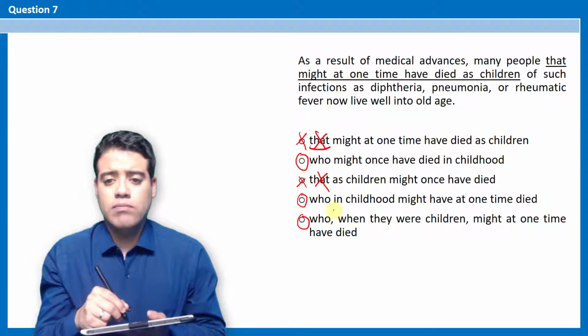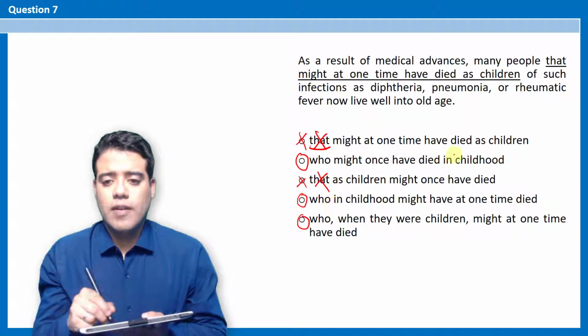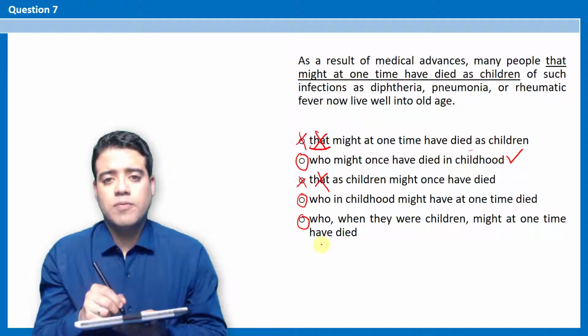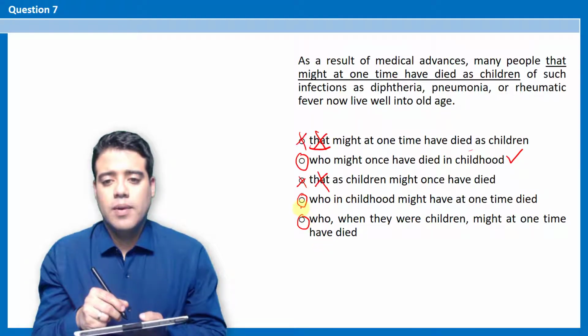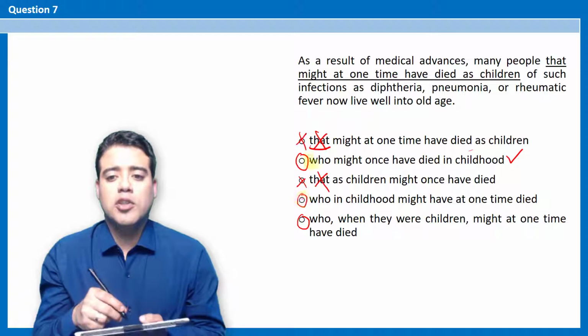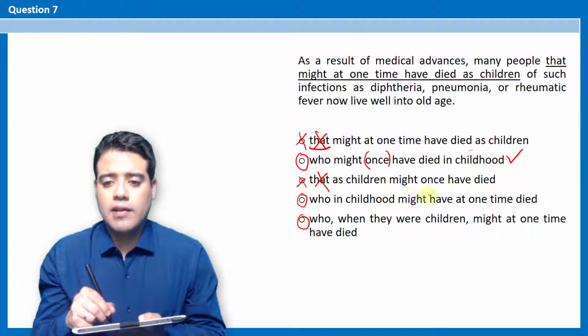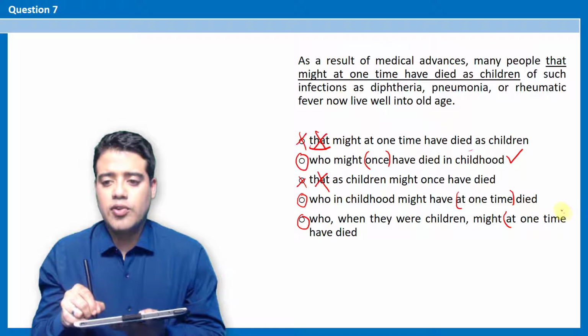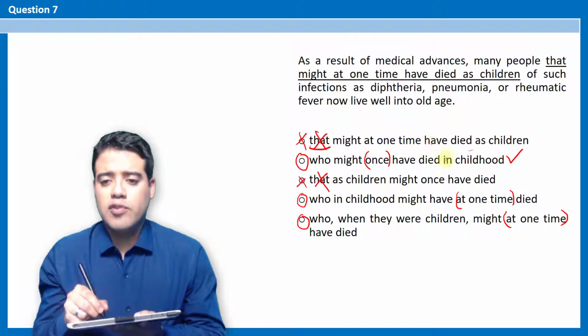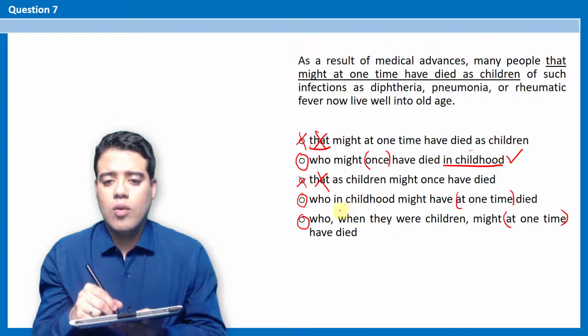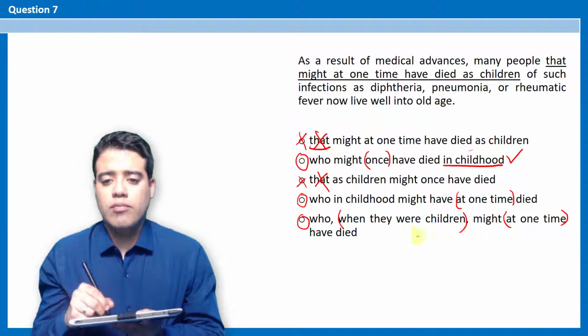Among those 3, B was the best choice. Why? Well, this is parallelism and concision. I prefer to use once rather than the worthy at one time, which is 3 words. I also prefer to use in childhood rather than the worthy when they were children, 4 words.